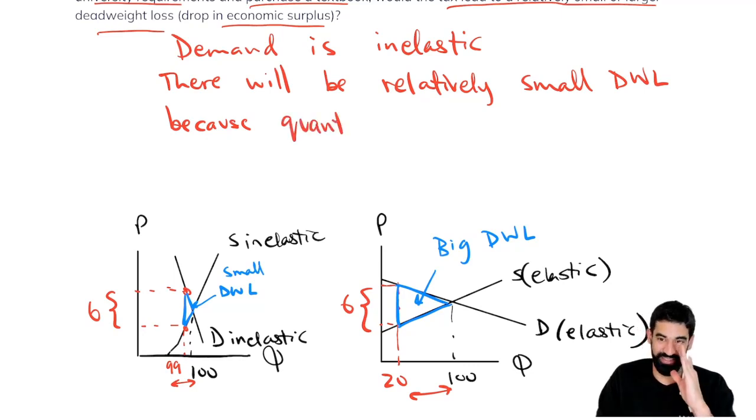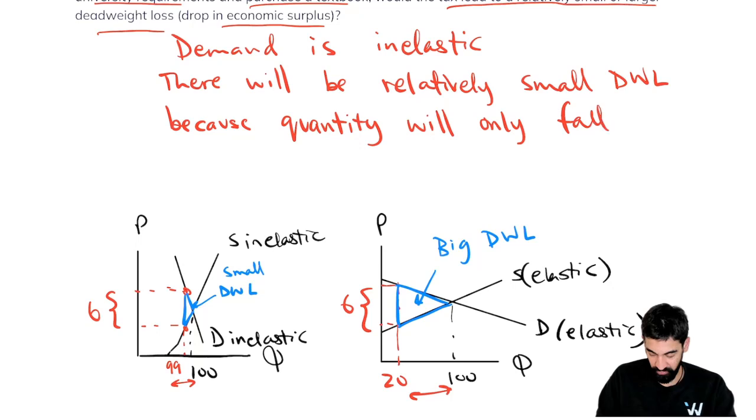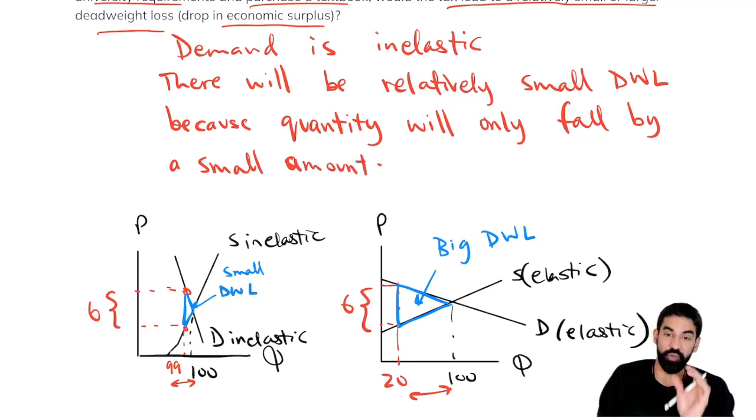It means it's insensitive, so quantity doesn't change much. So it will only fall by a small amount. The more inelastic, the smaller the deadweight loss, because quantity is only decreasing by a bit.